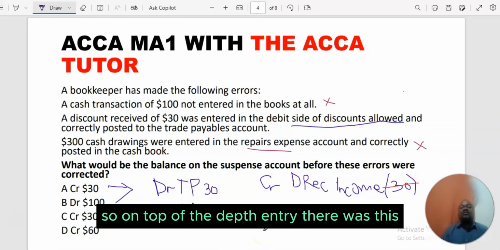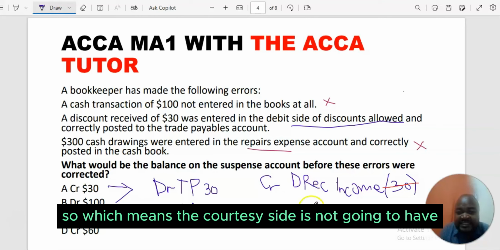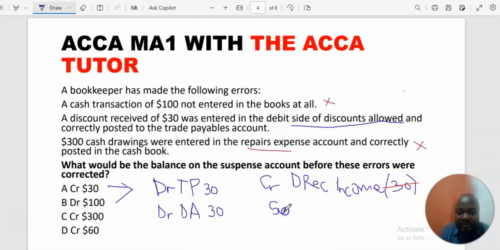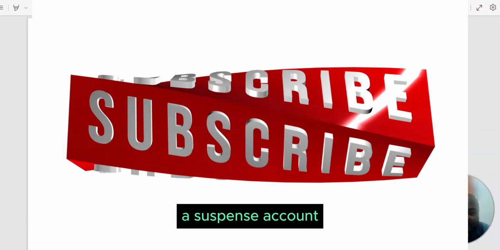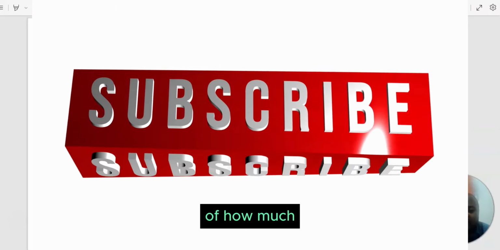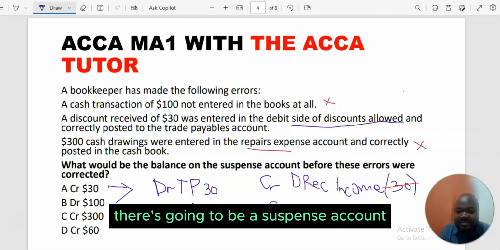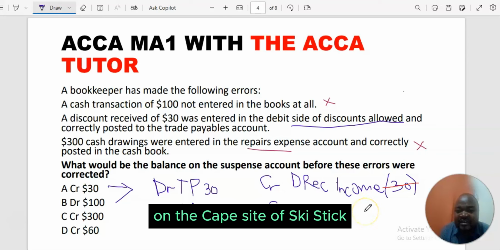So on top of the debit entry, there was this. Which means the credit side is now going to have a suspense account. A suspense account of how much? There's going to be a suspense account on the credit side of 60.